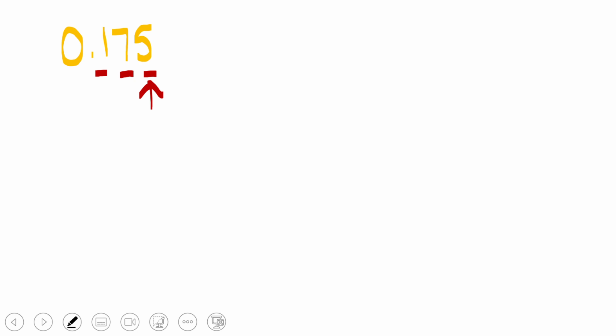So we're going to say that fraction is 175 over 1,000. Read the decimal. 175 thousandths. Read the fraction. It matches, 175 thousandths. That's how you can do a really quick check in your mind with mental math.